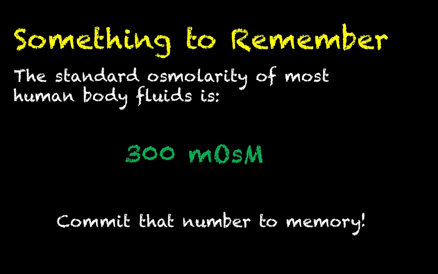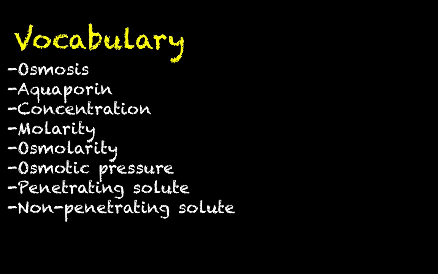This is a very important number for you to remember because this will always serve as a reference point for you to determine whether osmosis will occur in one scenario or another. If you are looking at a situation in which the osmolarity of the blood plasma is different from 300, then you'll know that osmosis is going to occur in that case.